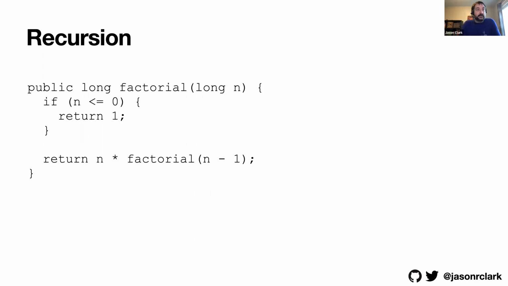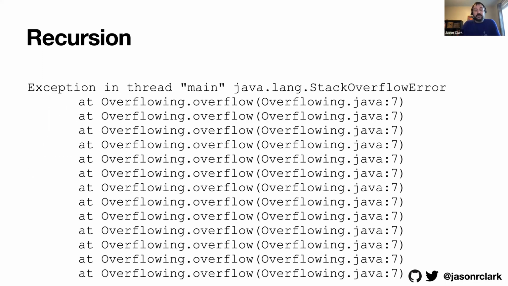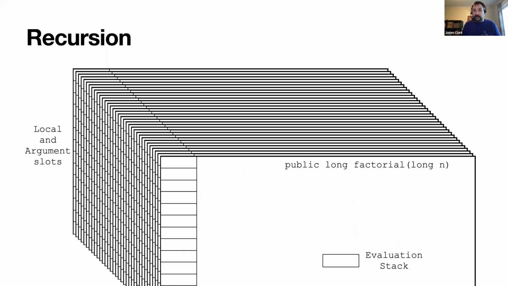The problem that you run into is that, if you call it for a big enough value, you're going to get a stack overflow. And given where we've been, we can understand a little better why we end up getting a stack overflow and why that's a problem. When we recurse, those stack frames that we were talking about have actual storage and size associated with them. They are using a limited resource of space.